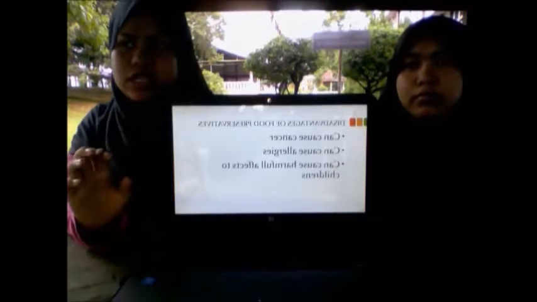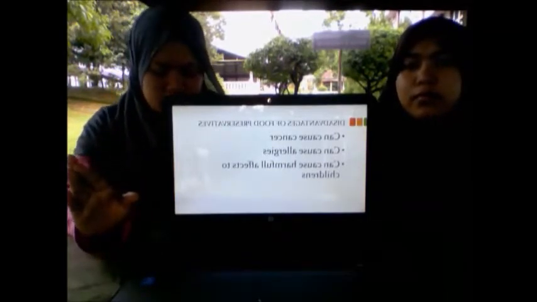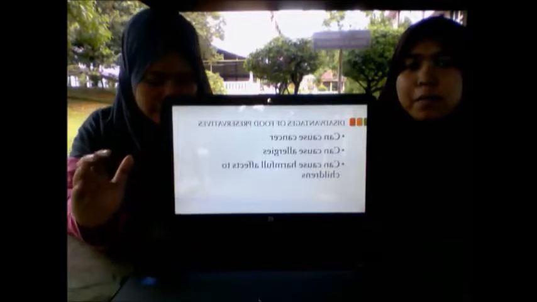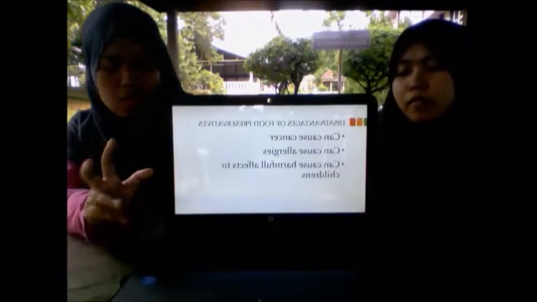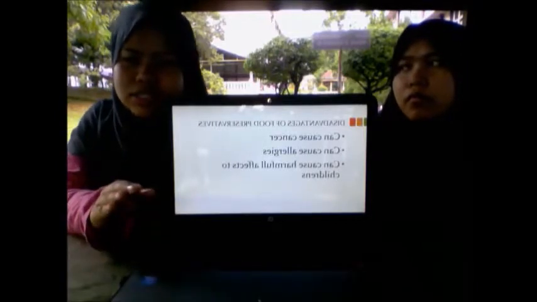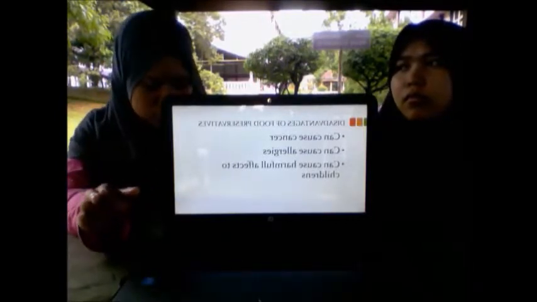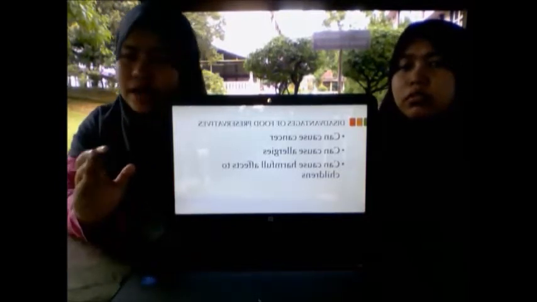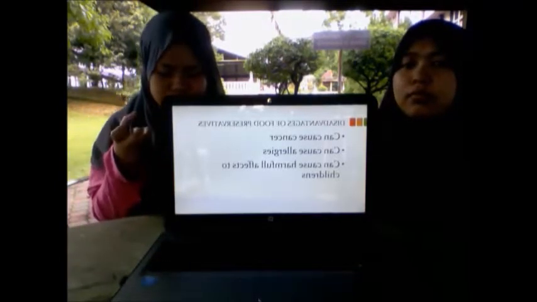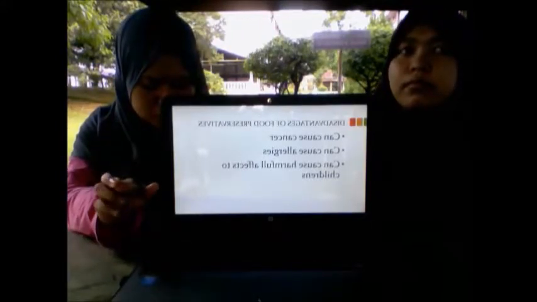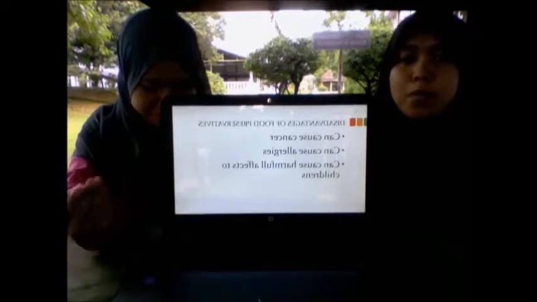Sodium nitrate is used in preserved meat. It can form nitrosamines, which are known as cancer-causing compounds in the body. Pregnant women are recommended to keep away from nitrite or nitrate because it can affect the baby.